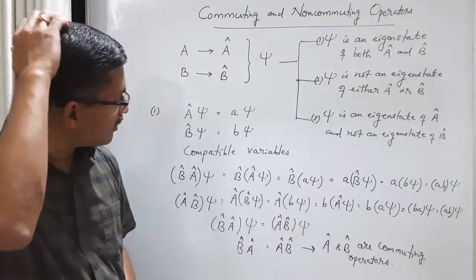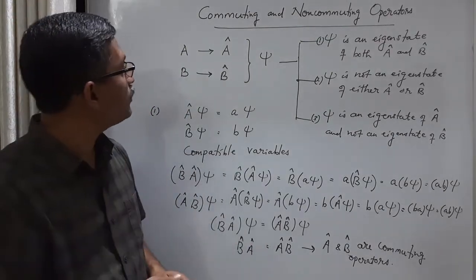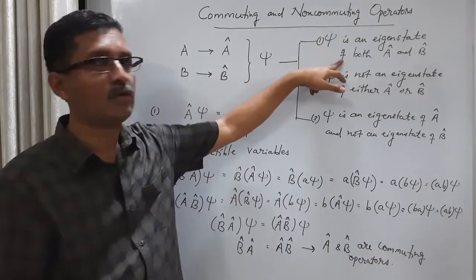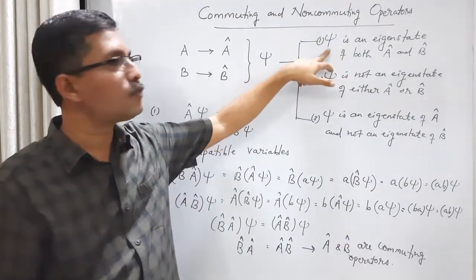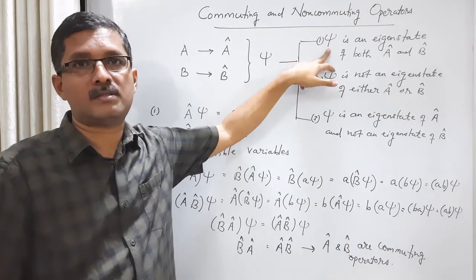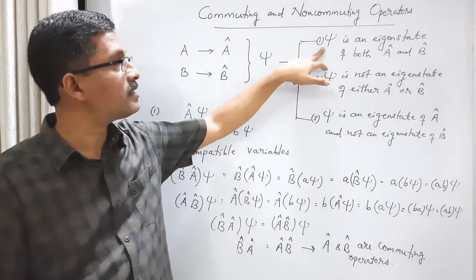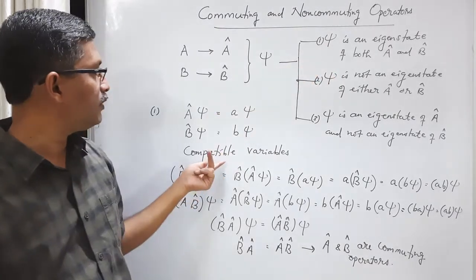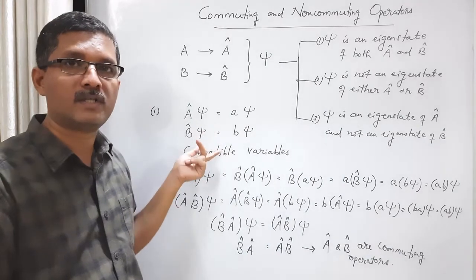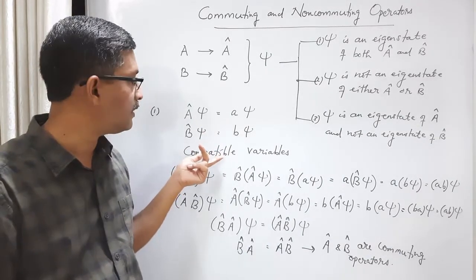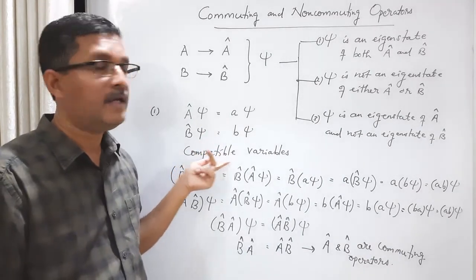Another way of saying this is that psi is an eigenstate of both A and B. If this is true for a complete set of eigenstates of the system, we know that both physical quantities are sharp in this eigenstate and we call them compatible variables.